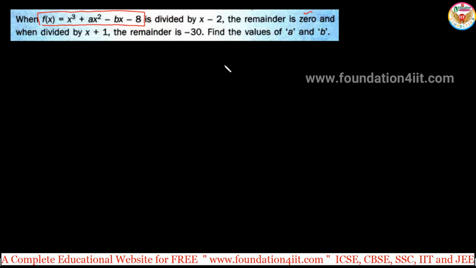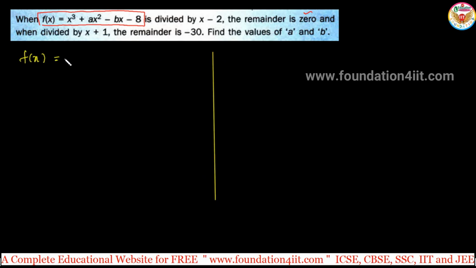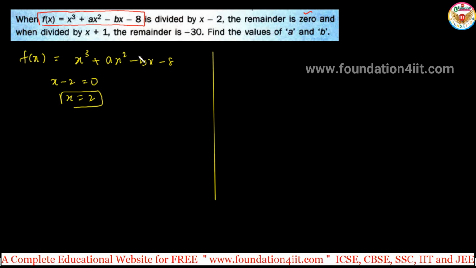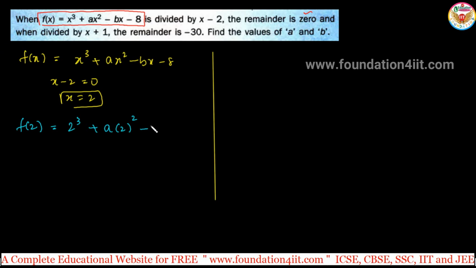So let us take two cases. First, f of x is x cube plus ax square minus bx minus 8, divided by x minus 2. Right? As step 1, x minus 2 is equal to 0, then x is equal to 2. When you substitute x equal to 2, the remainder is 0. So f of 2 is 2 cube plus a into 2 square minus b into 2 minus 8, and that value is 0.